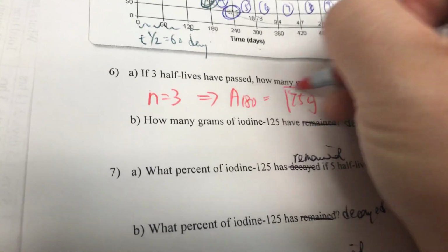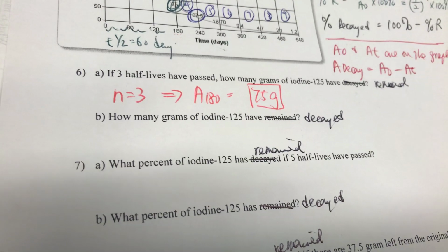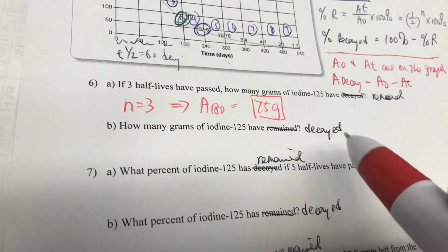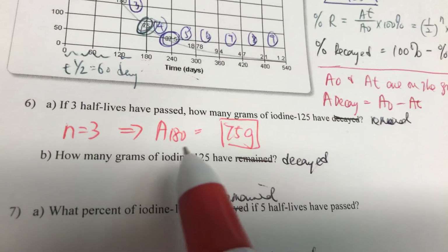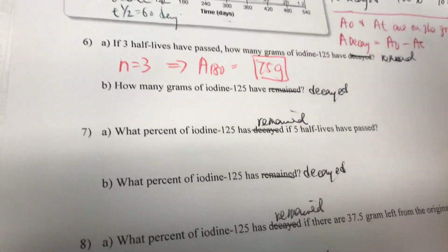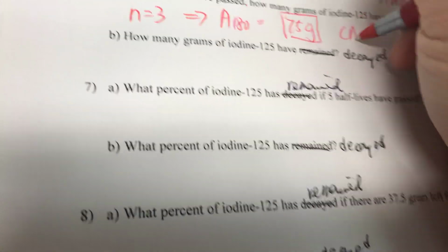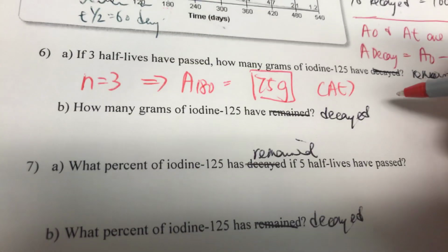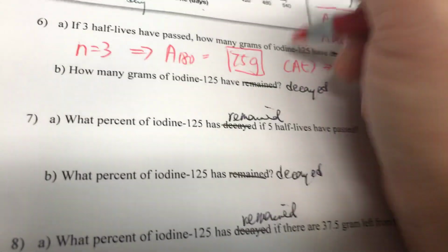Now, how many grams of the iodine-125 have decayed? We start with A0 is 600 grams, and this is my AT.